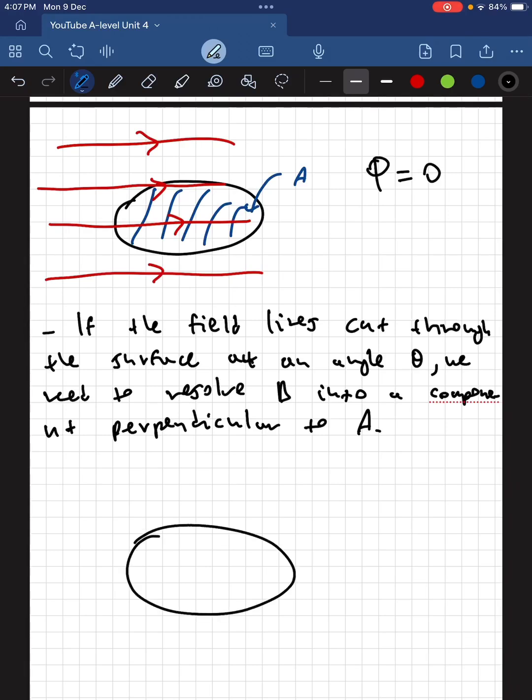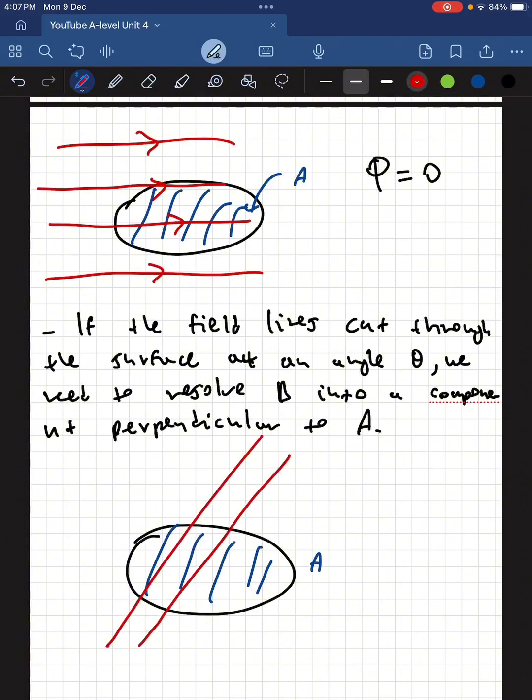So what do I mean by that? This is my cross-sectional area, and let's say my magnetic field goes like that, and let's assume that theta is the angle between the cross-sectional area and the magnetic field. Then we can analyze the magnetic field into a component that is perpendicular to this cross-sectional area, and since theta is this angle, then this is B sine theta.